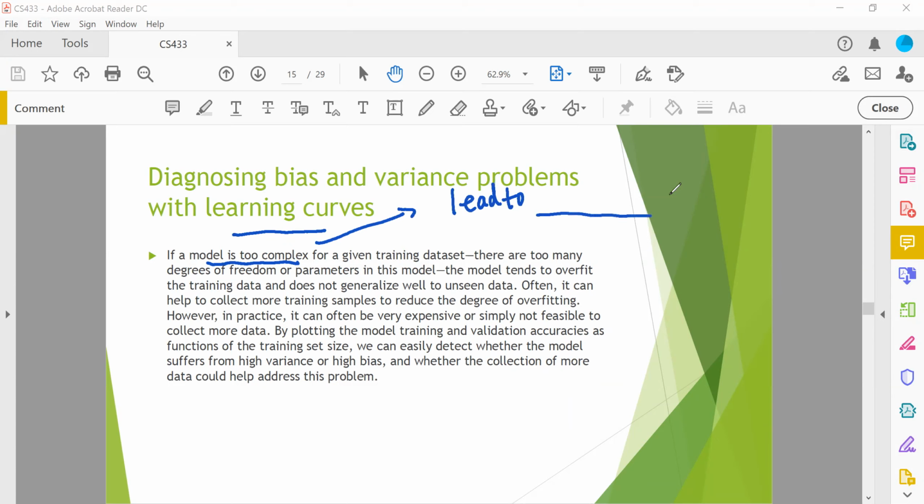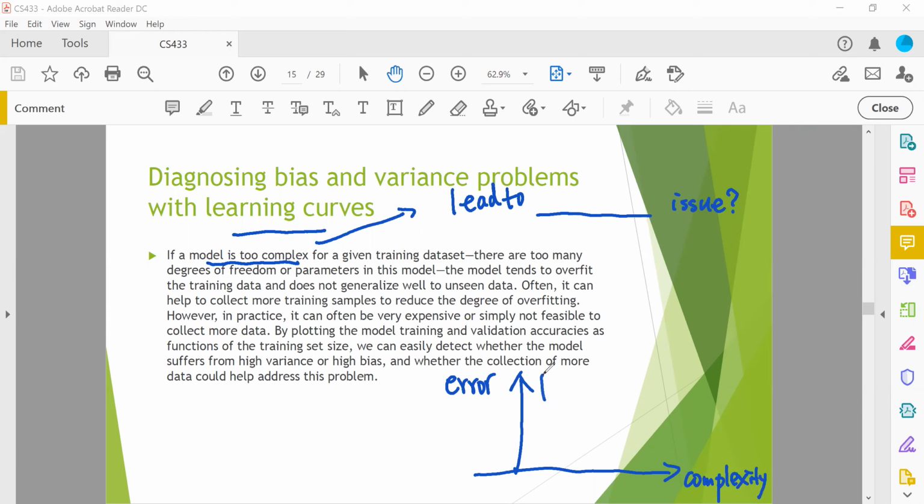Who remembers that? If your model is too complex, you recall the curve we drew previously regarding variance and bias. Here we have the error, and here we have the model complexity.